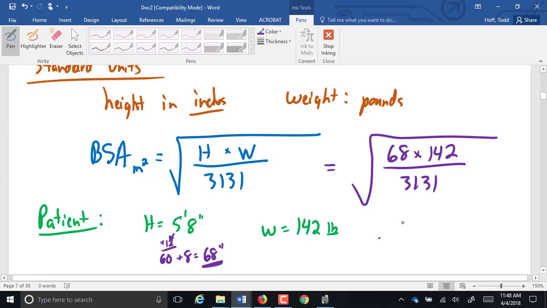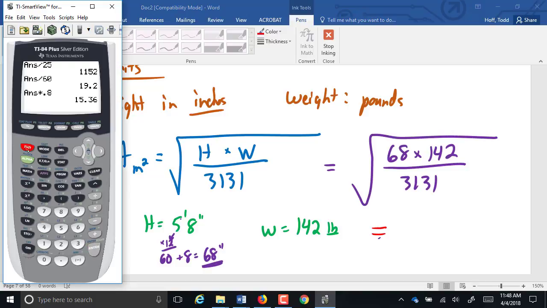Now most of your calculators, you can punch this in all at once. Second, square root. My calculator is going to put it under the square root sign. If you have a graphing calculator, yours should do the same. Unless you have a TI-83, it'll give you an open parenthesis. Most of your non-graphing calculators will give you an open parenthesis after the square root, and we'll just have to make sure we close our parentheses at the end. So 68 times 142 divided by 3,131.